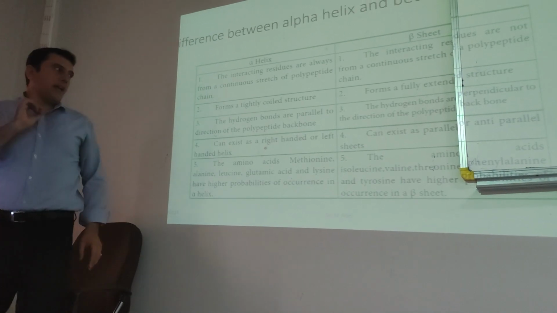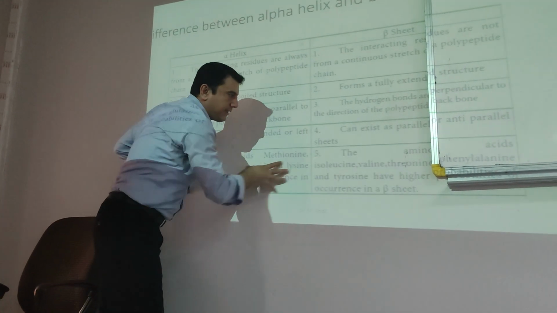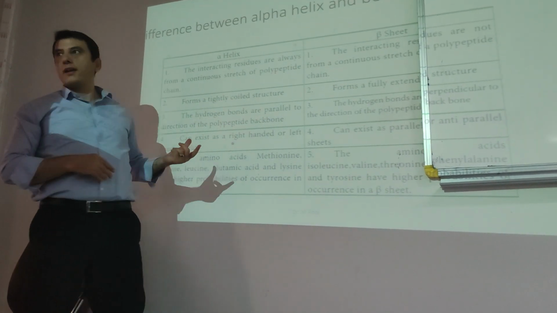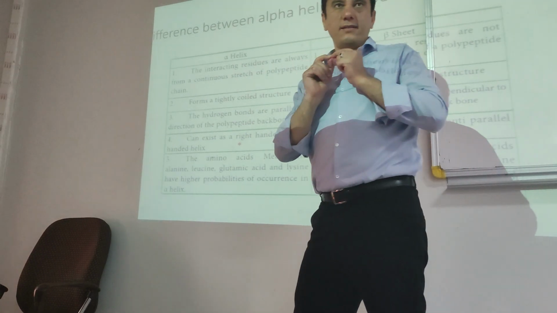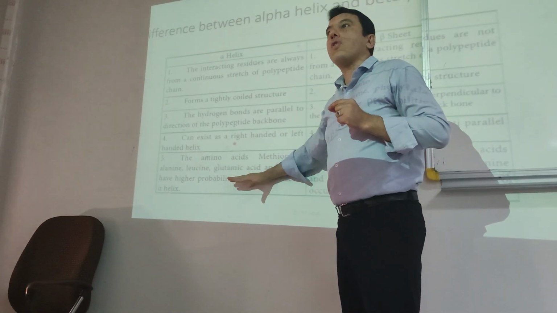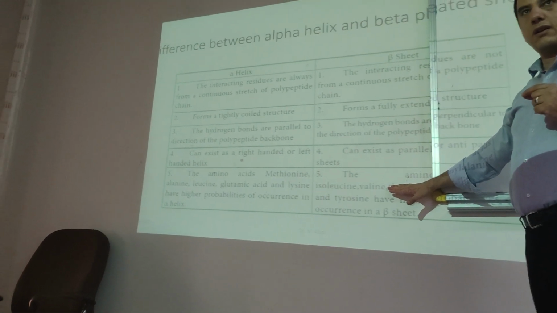And the main and very important, please take your attention to this part of this slide, the fifth one. What are the main amino acids for alpha helix and beta sheets?